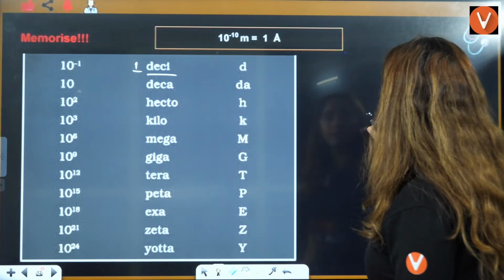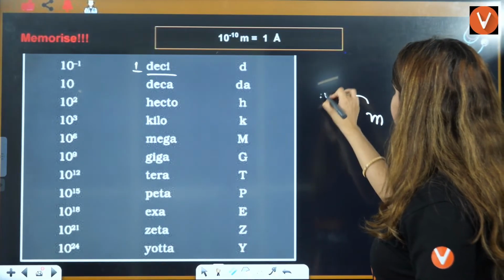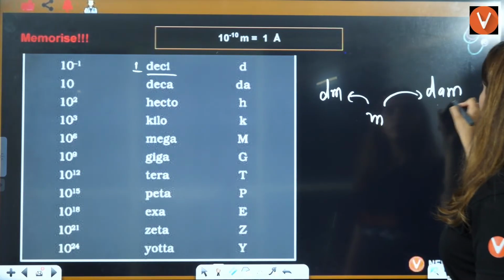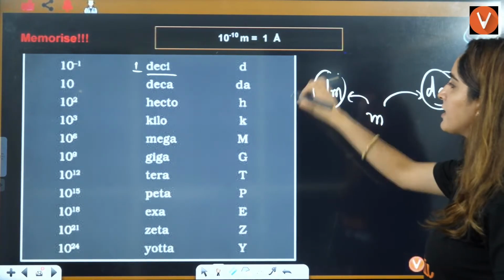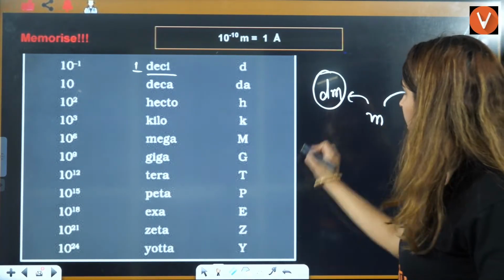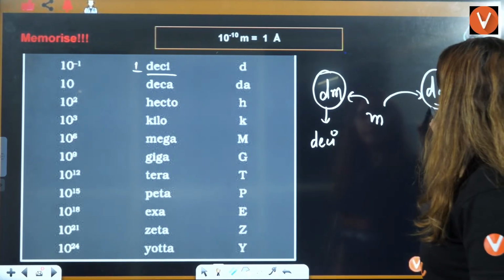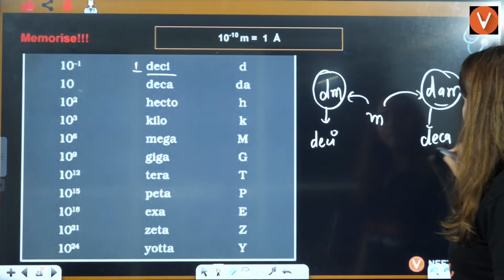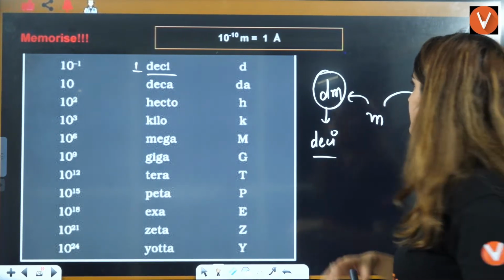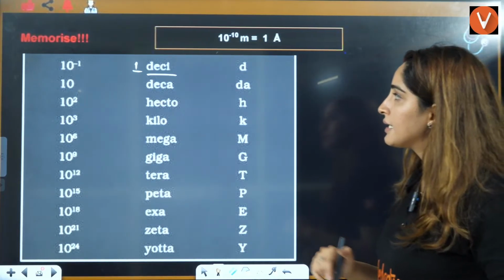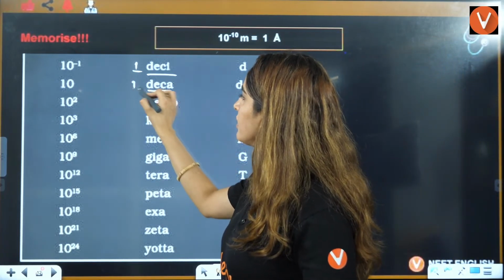If I am converting meter into decimeter or into decameter, decameter is bigger and decimeter is smaller. Till now I am just explaining which one is smaller and which one is bigger. Deca is also 1.